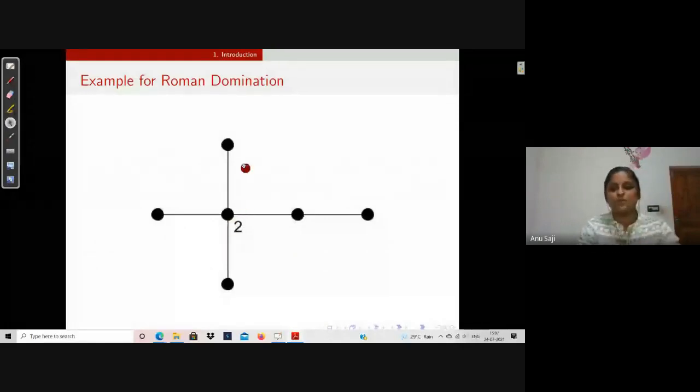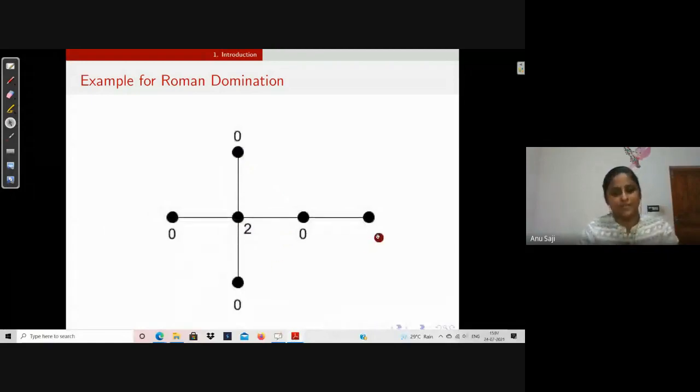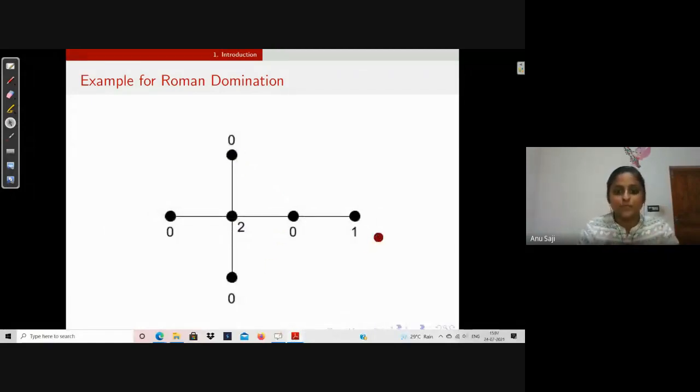There is one more vertex remaining. We have to give at least 1 to this vertex, so that for this RDF, the total weight is 3. We can easily check that this is the minimum possible value, so for this graph, gamma_R(G) is equal to 3.